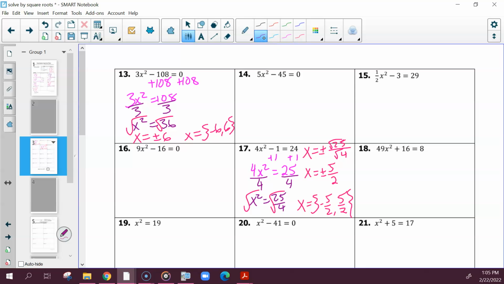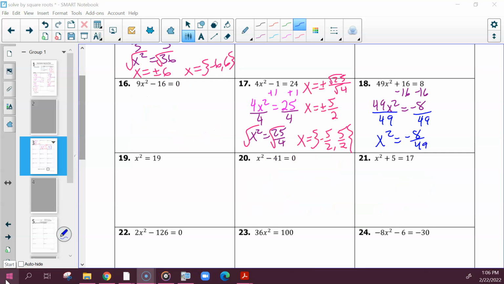So for 18, we're going to start off by subtracting 16 on both sides. We end up with 49x squared equals negative 8. Then we're going to divide both sides by 49. So we have x squared equals negative 8 over 49. Alarm bell should be going off because we have a negative.